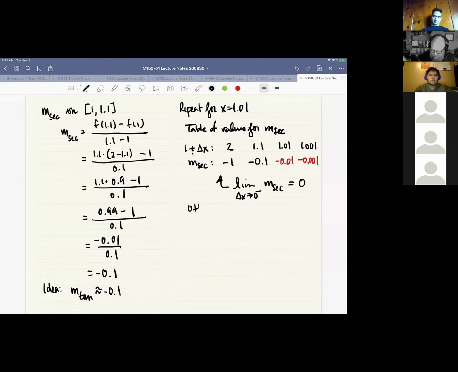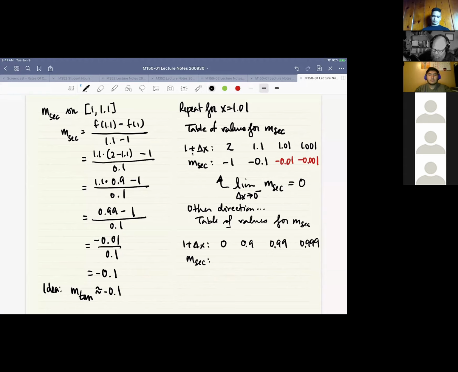And then if we do the same thing from the other direction, that is, make a table of values for the slope of the secant line. So here will be our new input values. Here will be our calculated secant values. Let's see, we'll start at 0, and then we'll go up to 0.9, and then 0.99, and then 0.999.